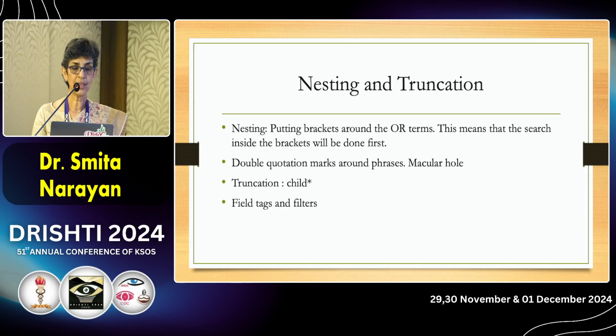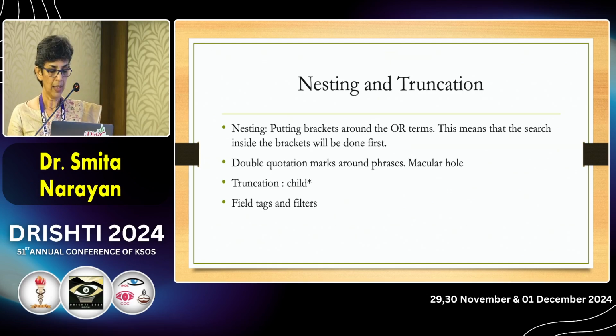Let us look at some other concepts like nesting and truncation. The concept of nesting is similar to the concept of putting or opening out brackets in algebra. When you want to consider similar concepts, all you have to do is to put brackets around them, and then PubMed or whatever search engine is there will look into those search keywords first.